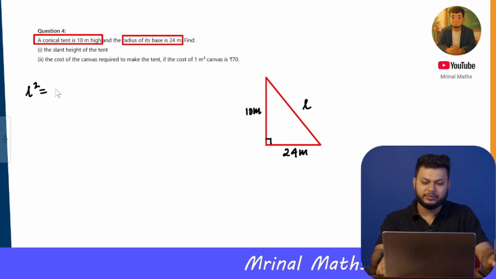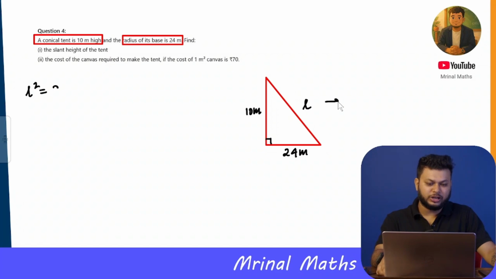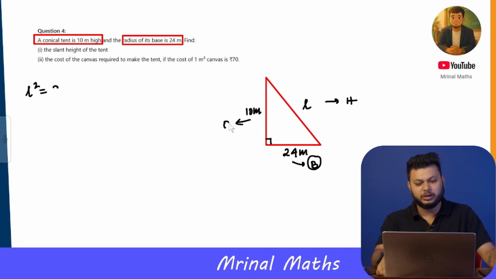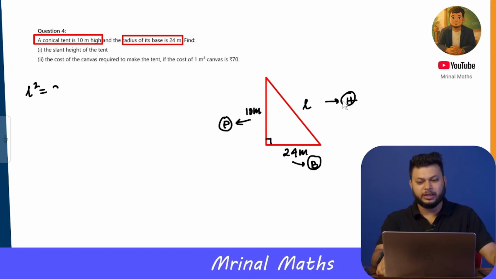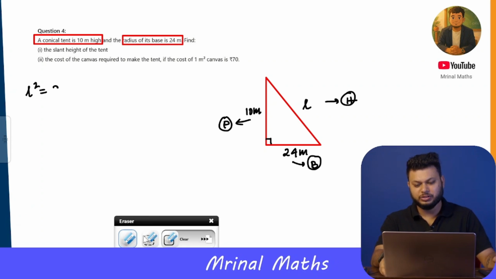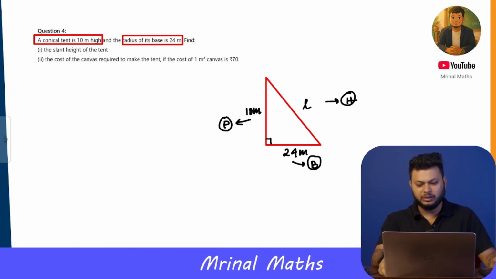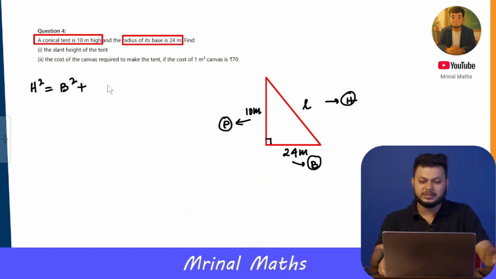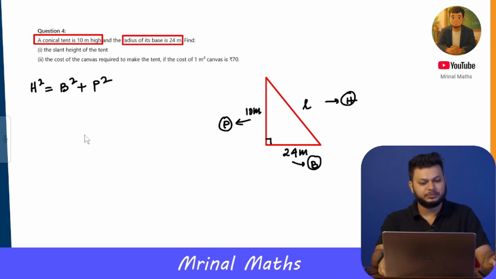L square is equal to, L is nothing but hypotenuse, this is your base, and this is your perpendicular. So by Pythagoras theorem, let me show you this in detail. By Pythagoras theorem, we know that hypotenuse square is equal to base square plus perpendicular square.